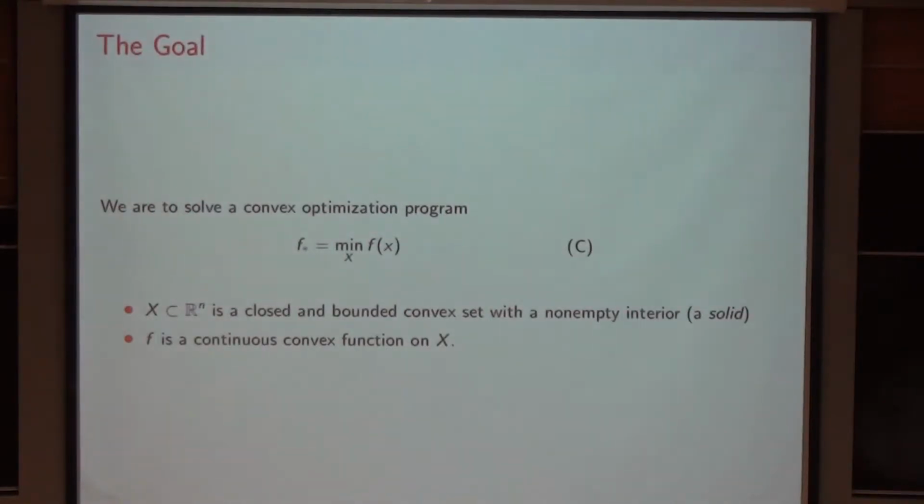Okay? So once again, our goal is to solve the very basic optimization problem: minimize a convex continuous function on a bounded and closed convex set, a compact convex set. Let's say we are in R^n, and we would like the set to have a non-empty interior.